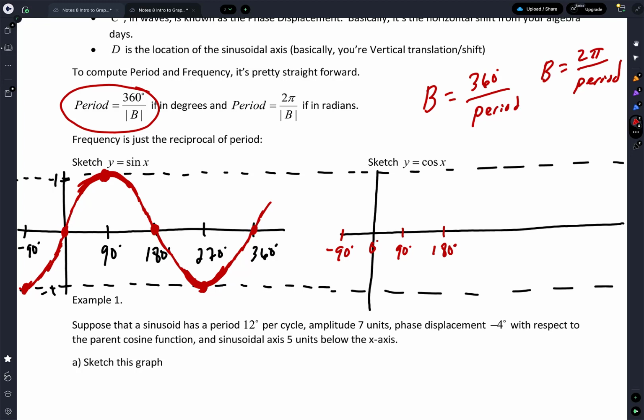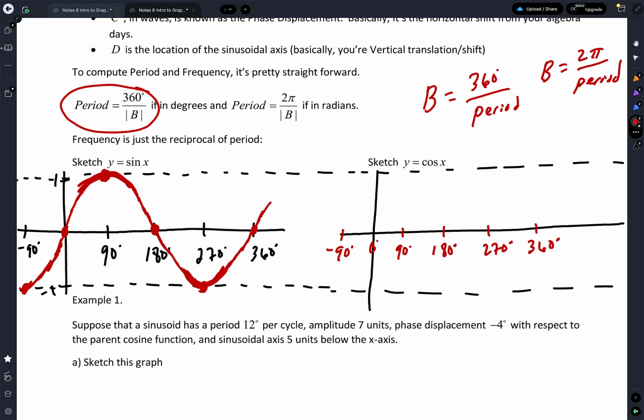Good question. You know what I mean, right? Because like cosine, the biggest cosine will ever be is 1. Every other number, square root of 2 over 2, square root of 3 over 2, those are all smaller than 1, because the radius of the unit circle is 1, right?